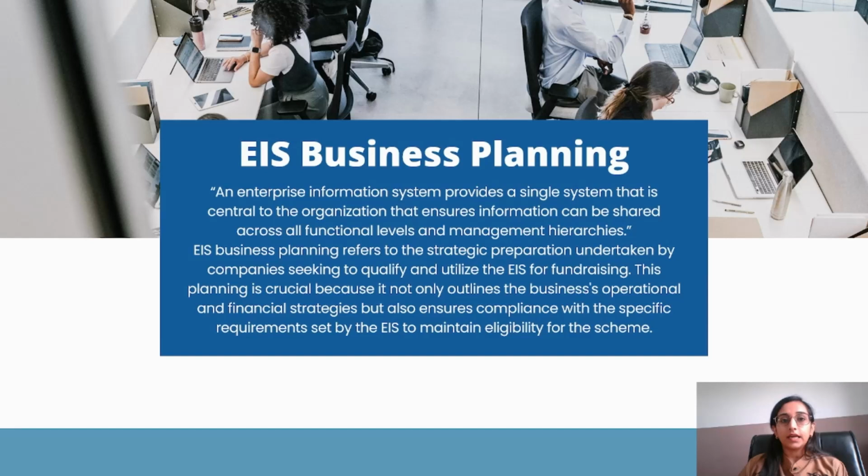EIS typically encompasses technologies that enable organizations to integrate and coordinate their business processes on a robust platform. This integration helps streamline operations, improve efficiency, and enhance the overall decision-making process by providing a unified view of the business.